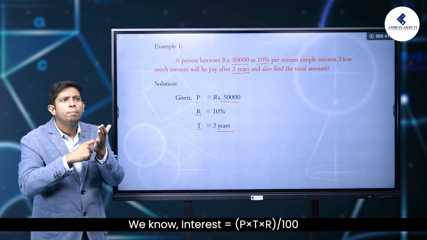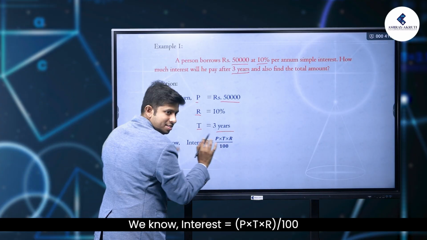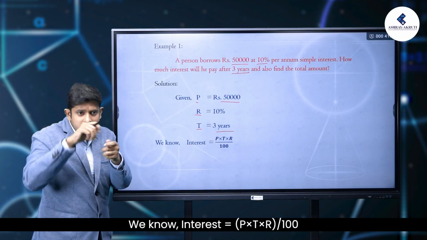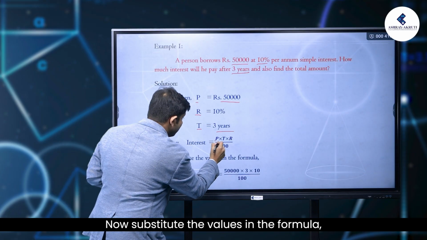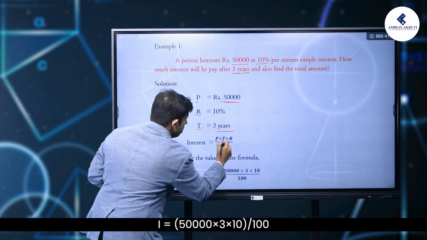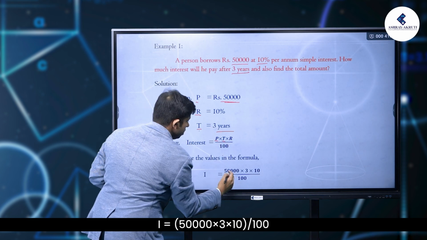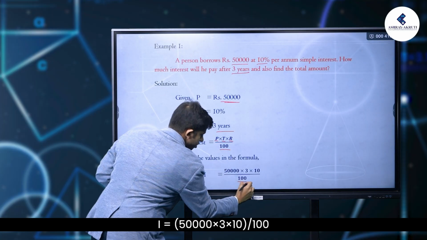We know interest equals P into T into R by 100. Now substitute the values in the formula. I equals 50,000 into 3 into 10 by 100.